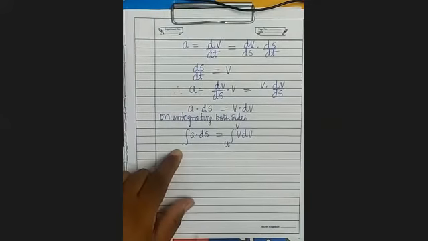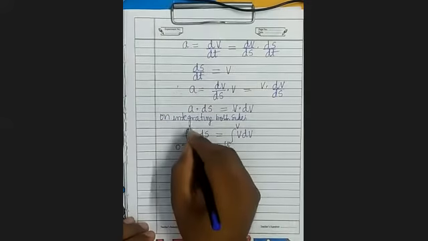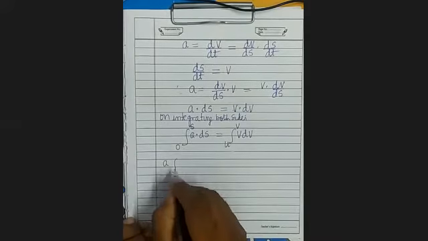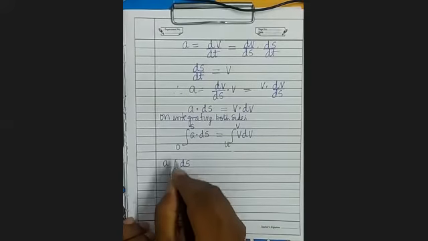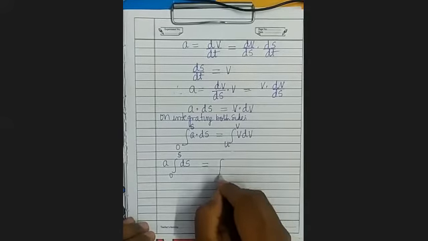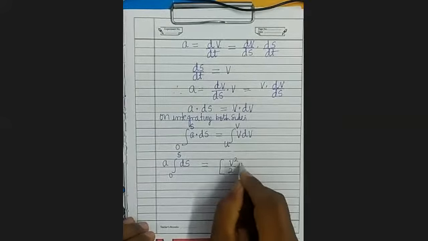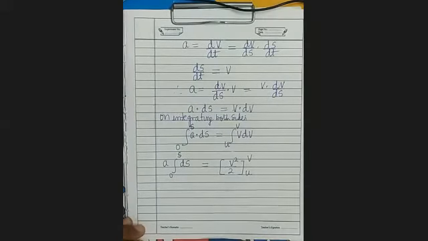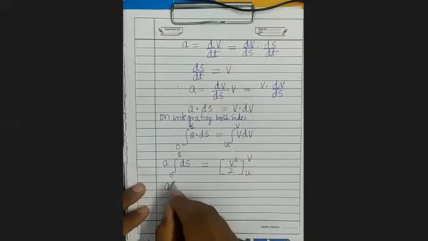Here you will substitute the limit of displacement. Displacement is from 0 to s. Now see here. a is constant, so integral ds 0 to s equals to integral v dv is v square upon 2. Limit is from u to v. So see here, a integral ds is what? It is s.